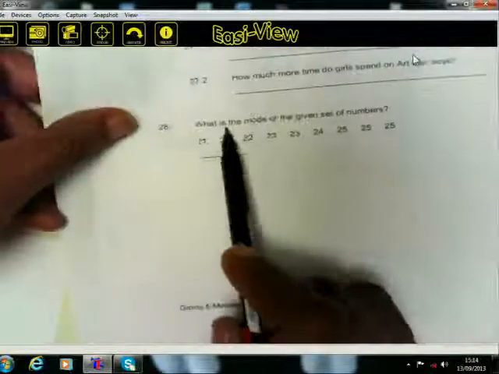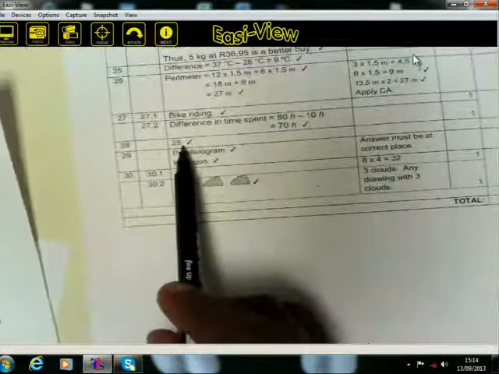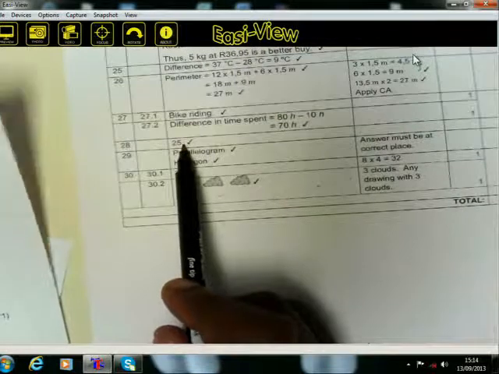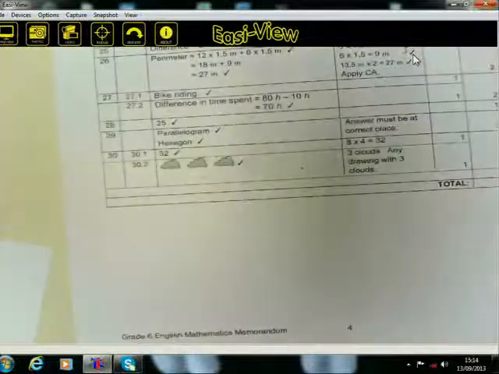And then 28. What is the mode of the given set of numbers? Look there. You can see there, the mode is easy. Okay, 28, the mode is 25. You see there, 25 is the most number. So, it's 25. Let's go to 29.